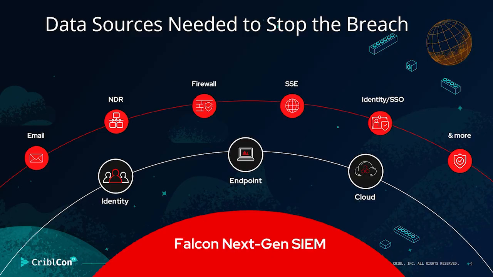But when we talk about the things that you can do with data, for example, well, yes, we can stop something at the endpoint, but how did that something get there? Well, that's where all the third-party data or the non-CrowdStrike data, whether it's your email systems or your traffic analysis or your firewalls or your SSO, that whole layer, comes in. Anybody who's deployed log management or a SIEM knows that that data is in 100 different formats, there's 100 different ways the data could get sent.